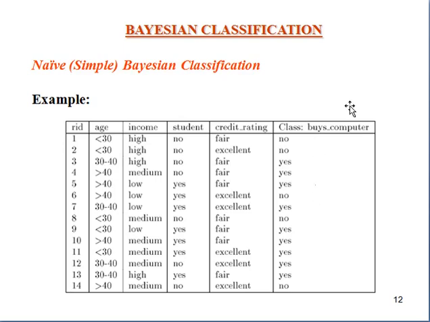So the last column we can take as the desired output column, and we can have a classification based on these attributes, and that classifier will result in a yes or no, right? This is a fairly simple example, but it will help us understand how a naive Bayes classifier performs classification.